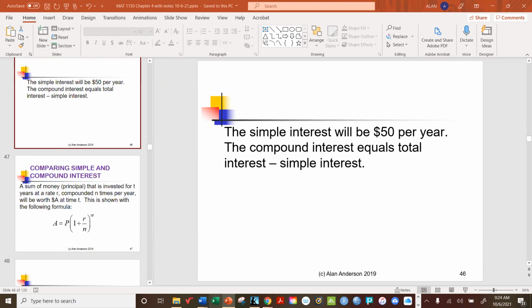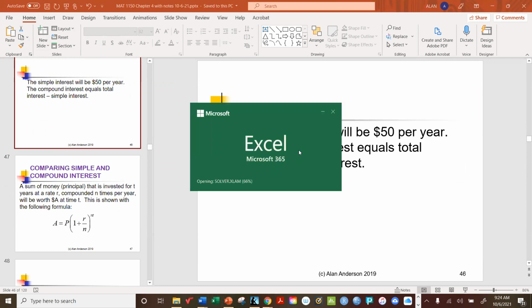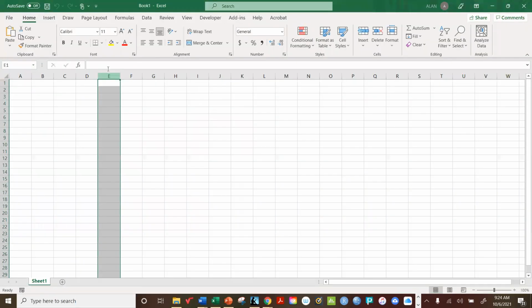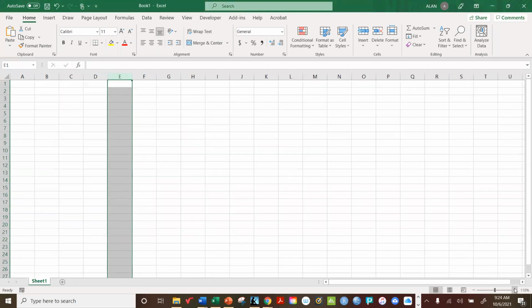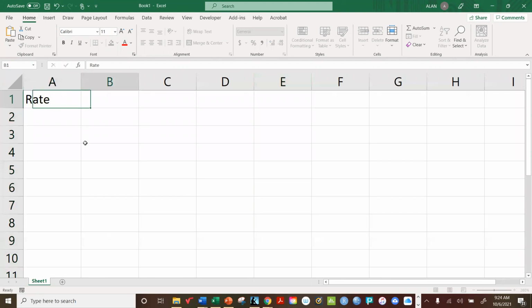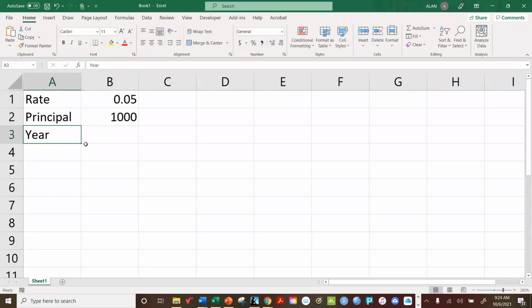In fact, if you want to see how this works, we can go into Excel and put together a quick spreadsheet where we see exactly what will happen in the future. So you could have, oh, I need principal. So let's do that right now.